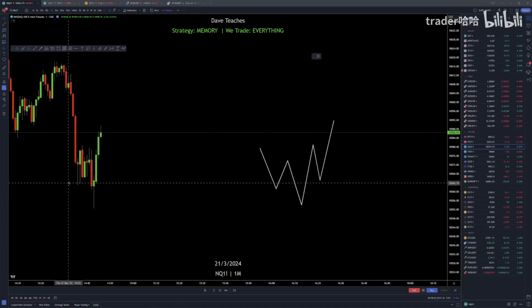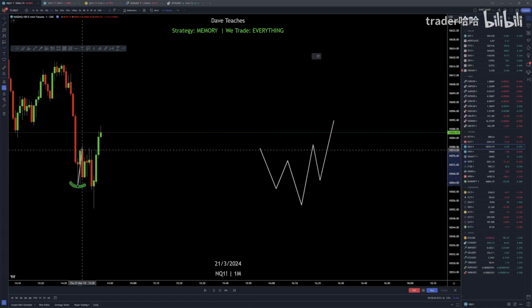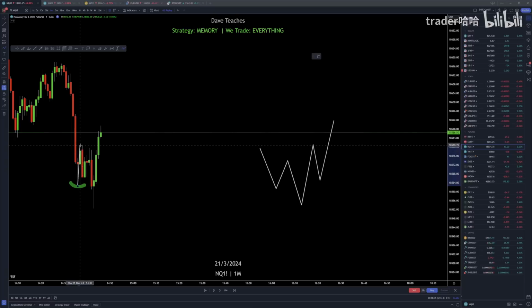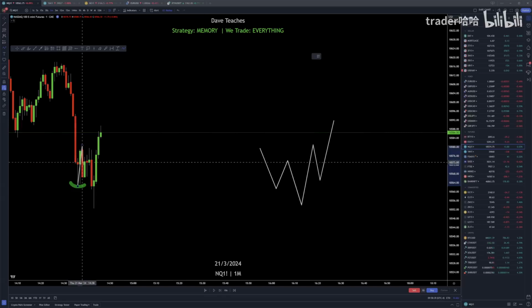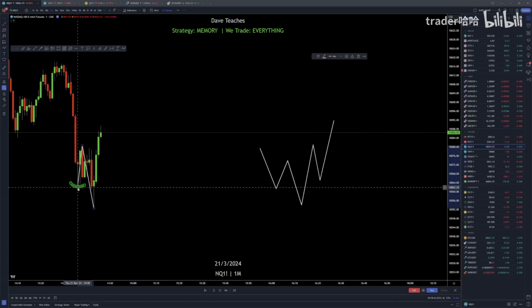So what you see over here is you see this low get put in, right? That's our low here. And then we see the highest point was not this bullish candle. The highest point was this bearish candle, the wick that's there. So we put in that wick, and then we trade below that candle, right? Below the candle that we have here.